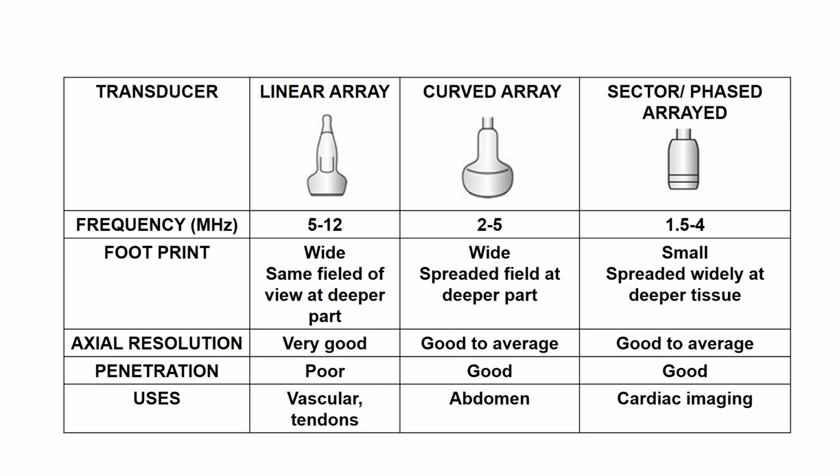This table shows all the types of transducer commonly used in our veterinary practice. The linear transducer has a higher frequency, 5 to 12 megahertz, so it gives very good resolution of the image, but it has poor penetration power.